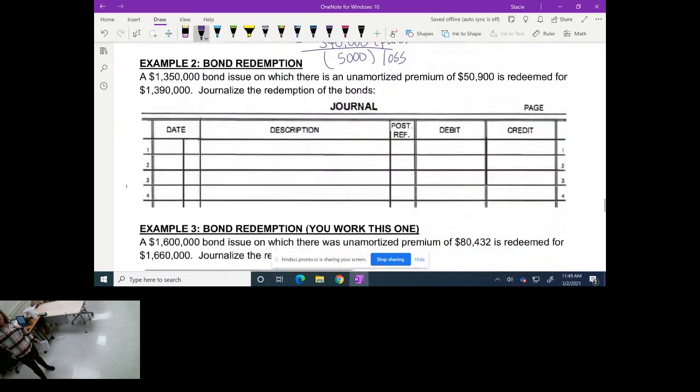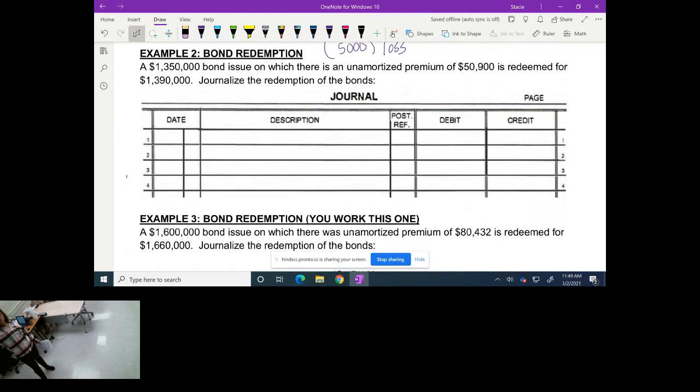All right, let's look at one that has a premium. This one is a $1,350,000 bond issue, and there is an unamortized premium of $50,900. So on the books, they've got bonds payable, $1,350,000, and premium on bonds payable, $50,900, which is also a credit. They're going to redeem them for $1,390,000.